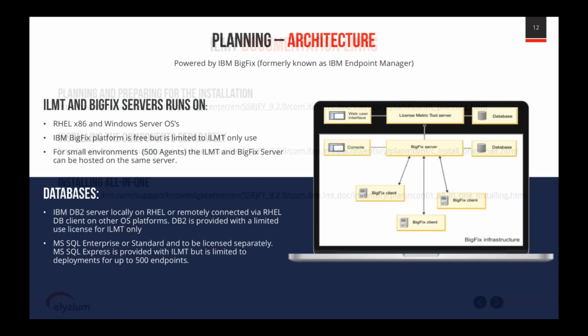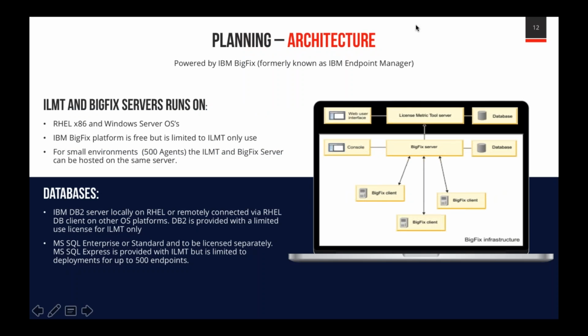So let's take a quick look at the architecture. It is different to what you would have been familiar with 7.5. And the biggest change there, if you can see the slide there, is the BigFix server and the BigFix clients.